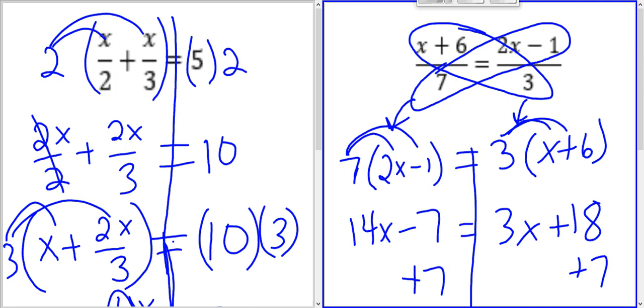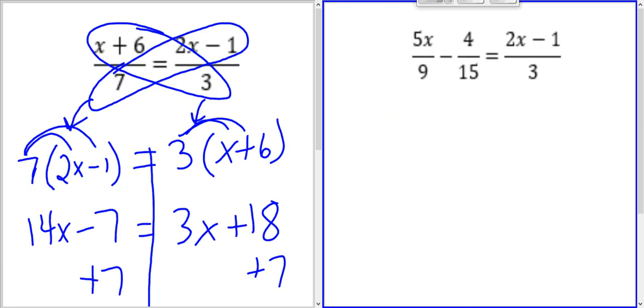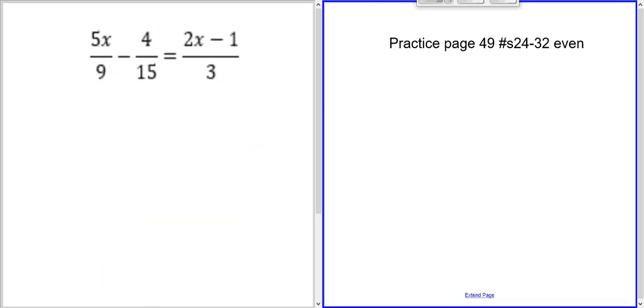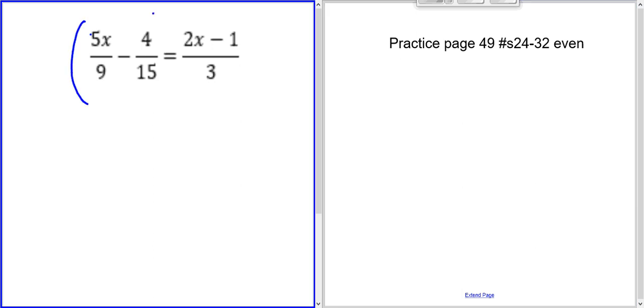In that method, you have to have a fraction equal to a fraction, otherwise it won't work. Here I have two fractions equal to a fraction, so I need to do the multiplication like I did at the beginning.